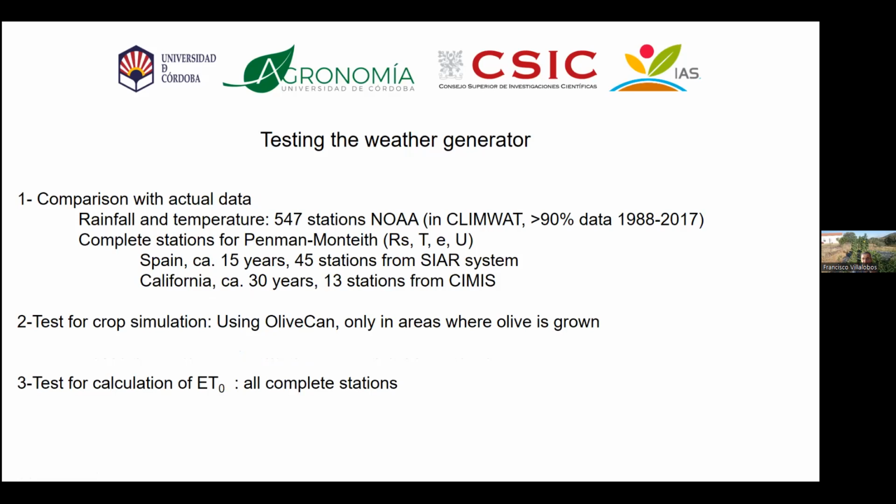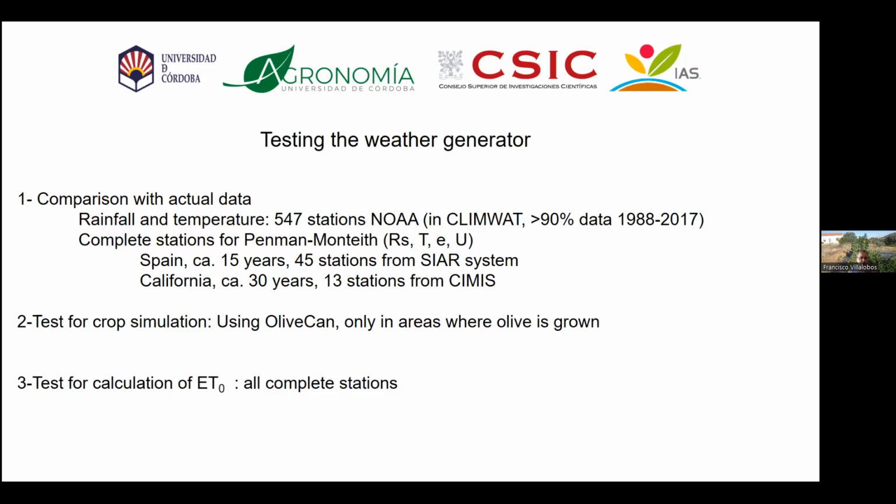And we use as selection criteria all those locations that were already in the data set of CleanWatt and had more than 90% of the data in the period from 1988 to 2017. We found 547 stations that met those criteria, and we use them for checking the distributions of rainfall and temperature between the actual and the generated using ClimaSG.